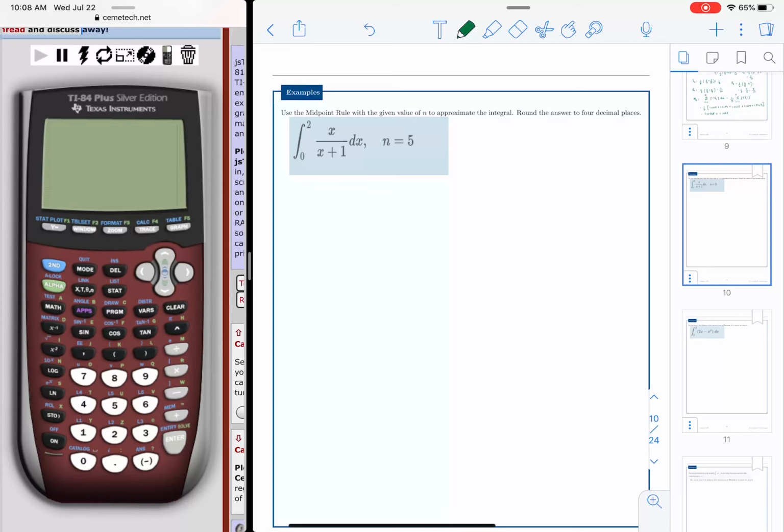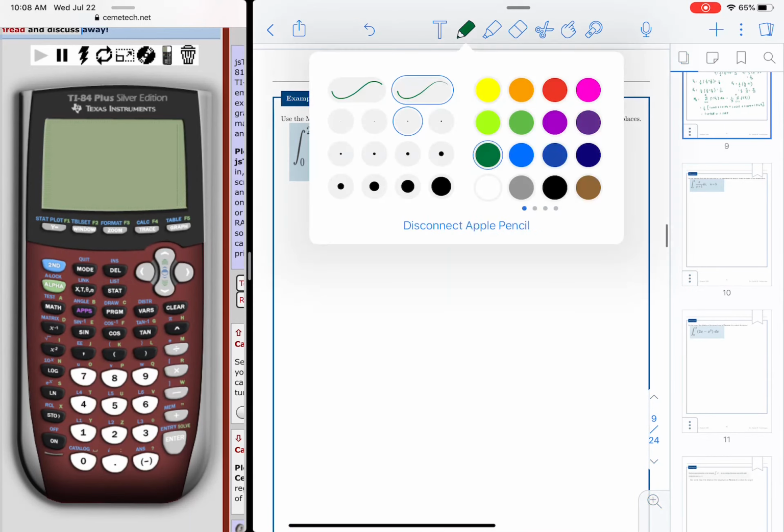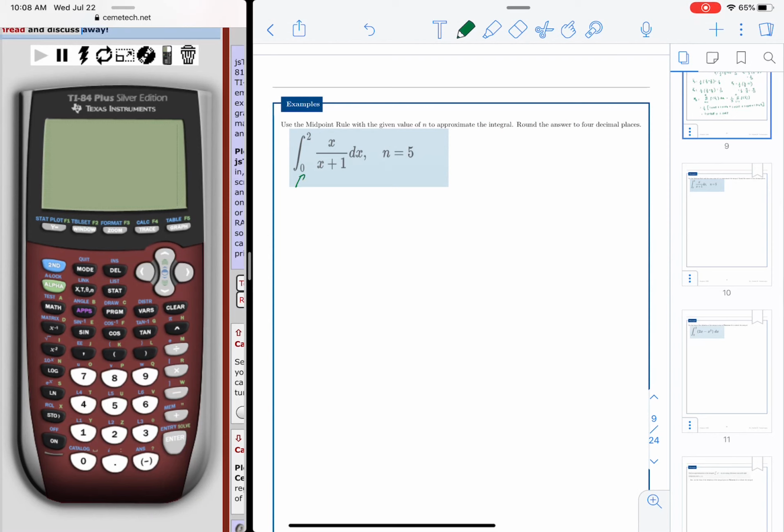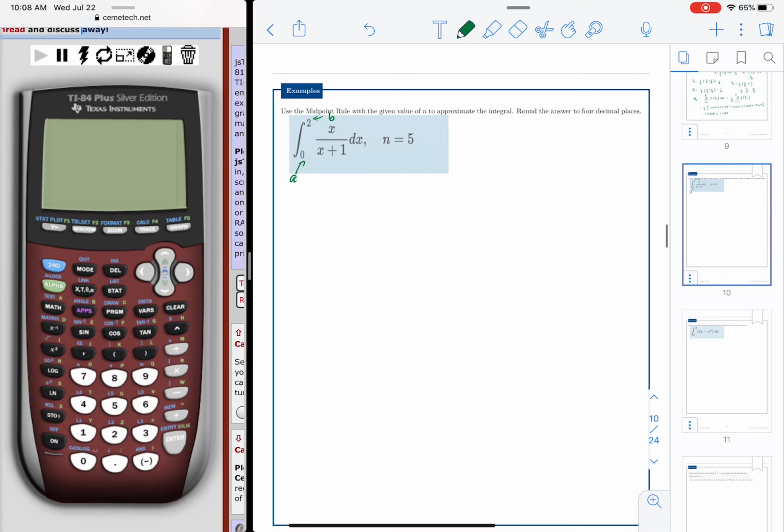Here is another problem on midpoint rule. We have A as 0, B as 2, and N is 5. So delta x is simply B minus A divided by N, so 2 minus 0 divided by 5.